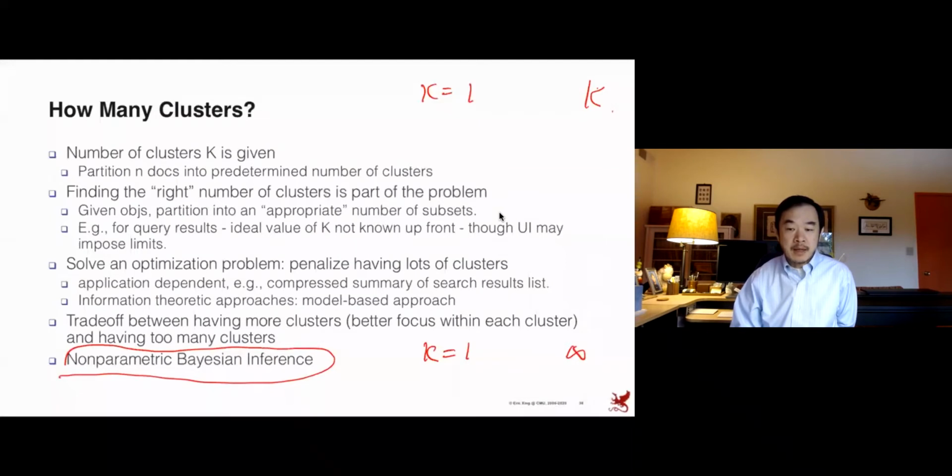You can write down a posterior distribution, P of k given everything else, during your inference step, so that you can pick the argmax of k based on such a posterior. This is known as non-parametric Bayesian inference, and sometimes as the Dirichlet process or Dirichlet process mixture. If you are interested, I can point you to a few papers about it. There are nice theories behind its justification and its operation.